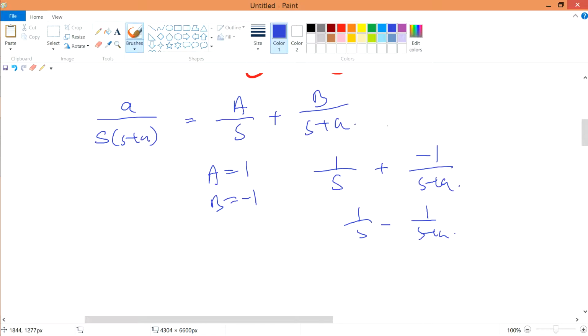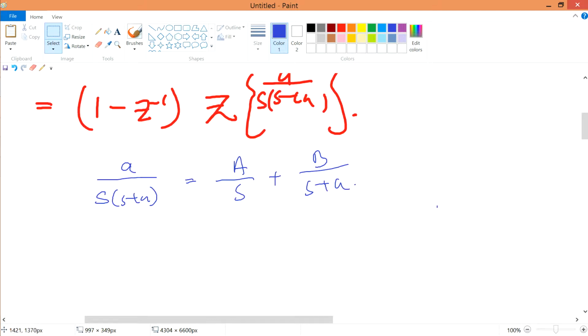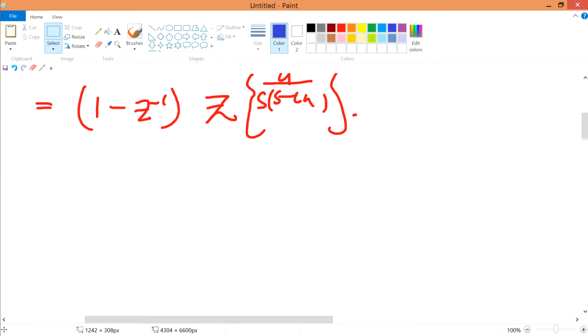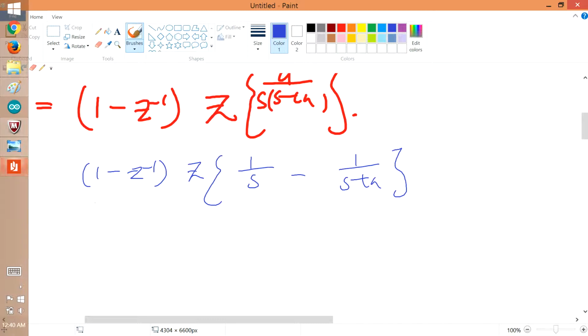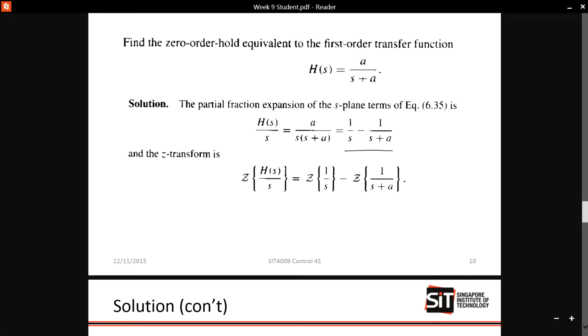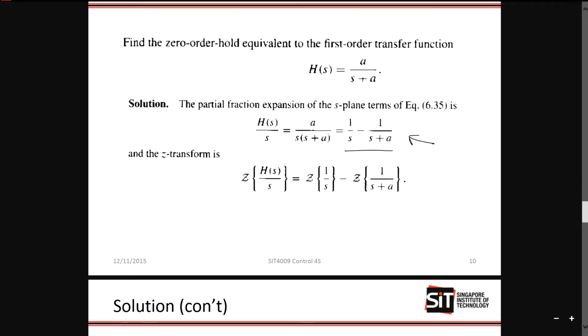So this is just the partial fraction method of solving. I just need to write this as 1 over s minus 1 over s plus a. Nonetheless, you can also memorize that this form can be partial fractioned into this form.